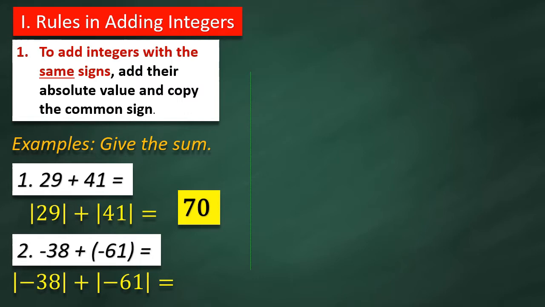Then we add their absolute values. It is equal to 99. Lastly, we copy the common sign. Their common sign is a negative. Hence, our final answer is equal to negative 99.